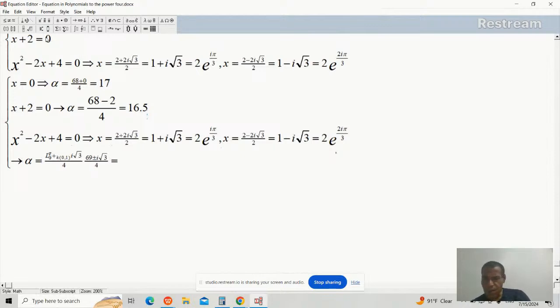Divide by 4. So it will be 68 plus 1 plus i root 3, and 1 minus i root 3. I will just write here 68 plus 1 plus i root 3 divided by 4.